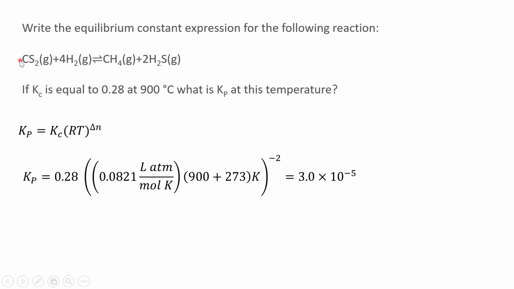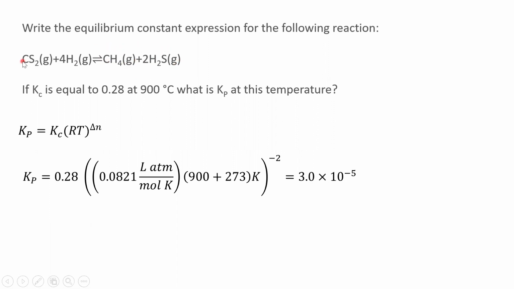Okay, if we were looking at a heterogeneous equilibrium that had liquids or solids in them, we wouldn't include it. Kp is only for gases. Now, in this particular case, we're looking at a homogeneous equilibrium because they're all gases. So we have 1 mole of gas here and 2 moles of gas here. So there are 3 moles of gas on the product side.